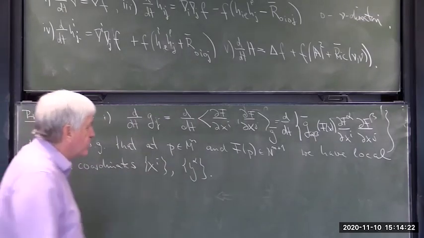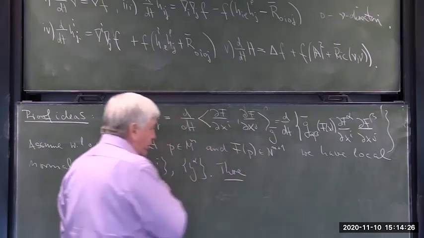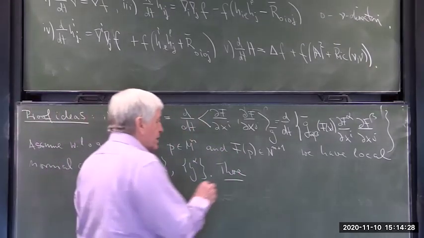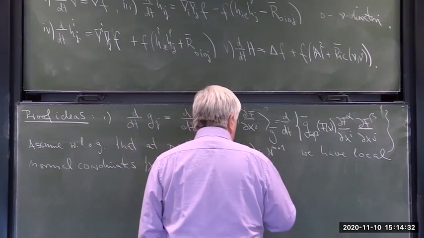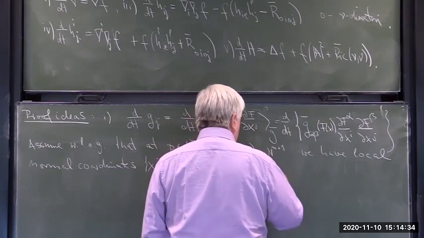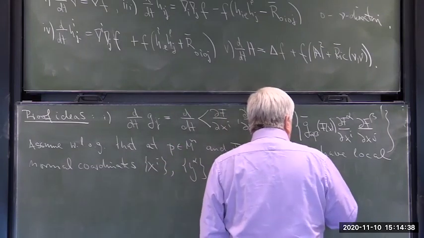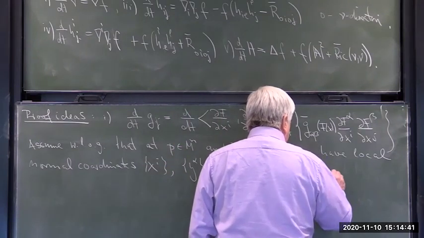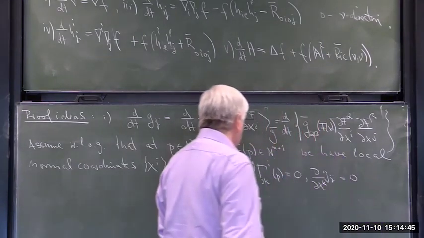And then, only at this one point, you get all the Christoffel symbols with respect to g equal to 0 and all the derivatives of the metric equal to 0.